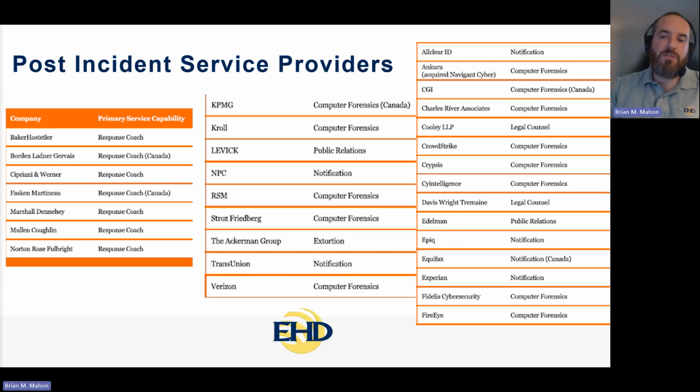And some carriers will exclude coverage 100% for non-panel service providers. So if you panic and call the IT restoration guy down the road and spend a bunch of money and then say, "Oh yeah, insurance carrier, we had this breach, this incident. Here's our $30,000 bill," they might say, "Yeah, no, thank you."